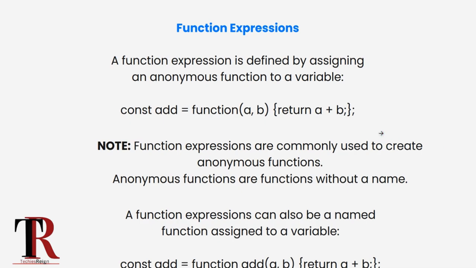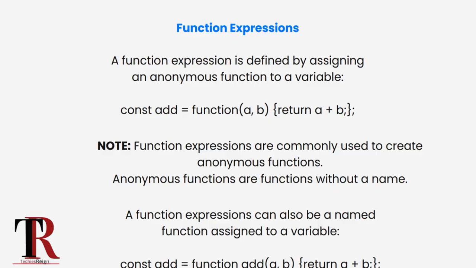Now, function expressions. A function expression is defined by assigning an anonymous function to a variable. I'm sure we are familiar with this particular example, just as we've seen in the last lesson. Now, there are some things to note about function expressions as well. Function expressions are commonly used to create anonymous functions. Functions without a name are called anonymous functions.